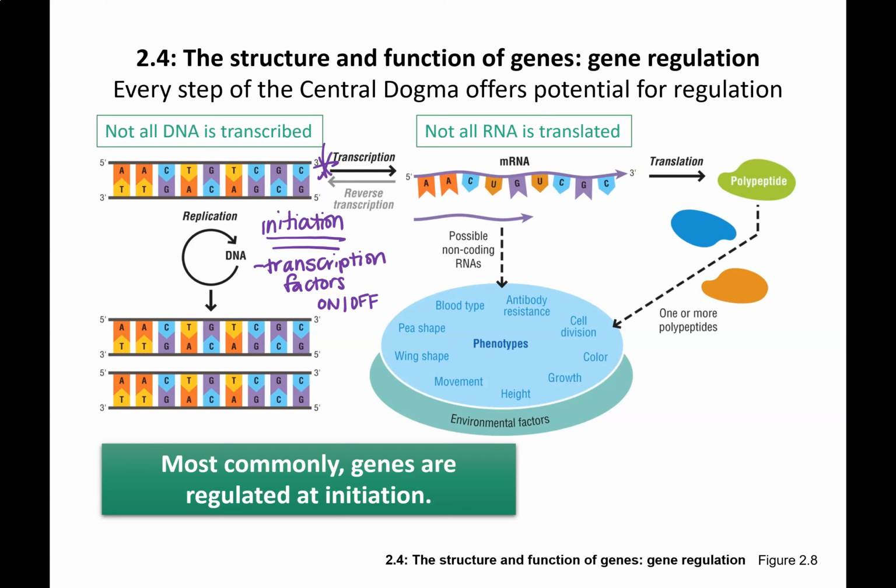So you can regulate translation by other types of RNA called microRNA, binding to messenger RNA and blocking the process of translation. You can also affect protein processing and things like that.